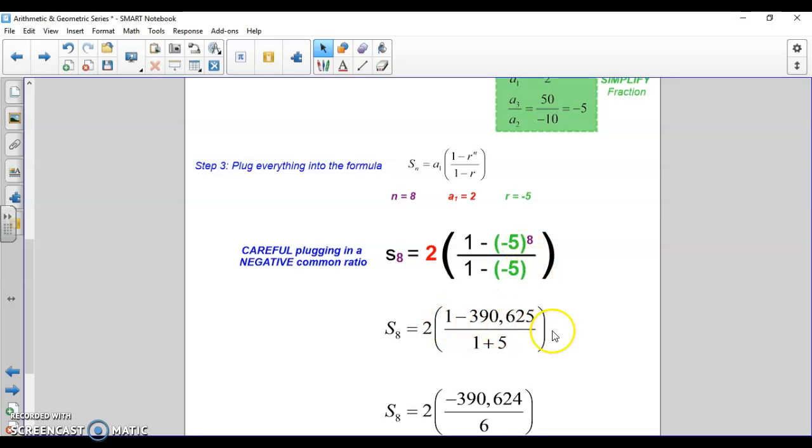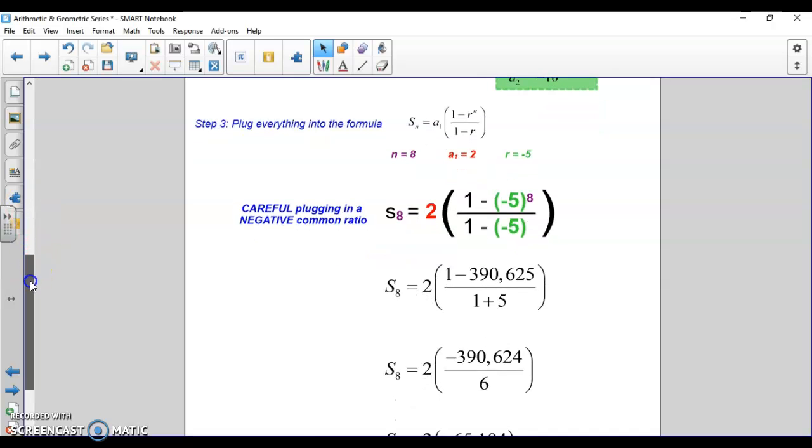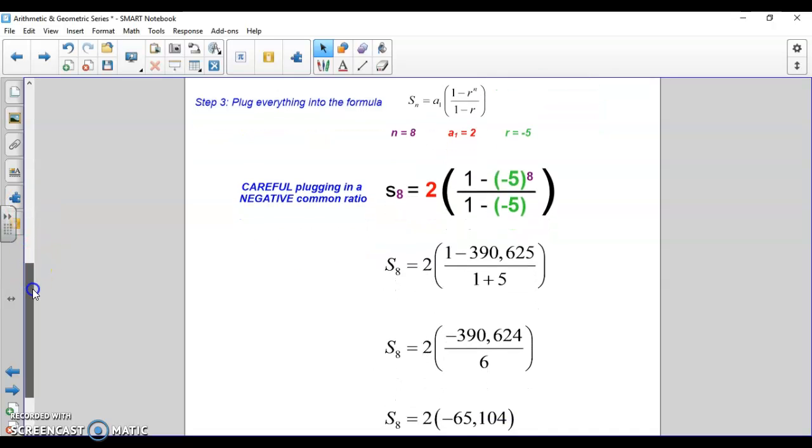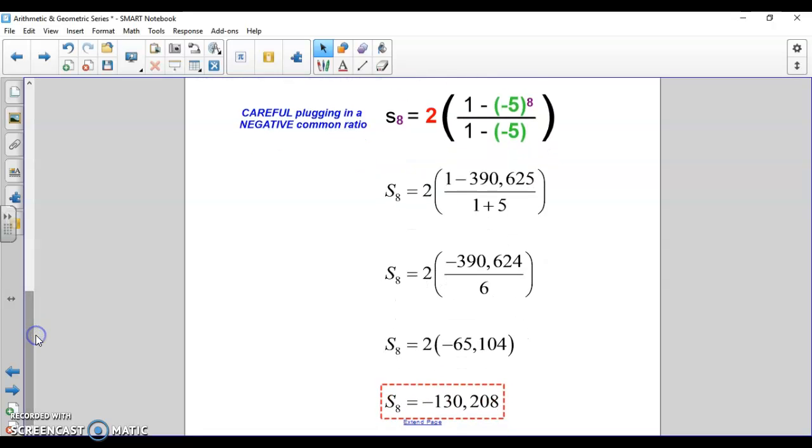So it's 1 minus 390,000-ish still. But notice here it's minus and negative, so it turns to positive. So it's a positive 6. So just be careful here, please. You're dividing, you get a negative number, multiply by 2, still get a negative answer, and that's okay. Negative answers are just fine.